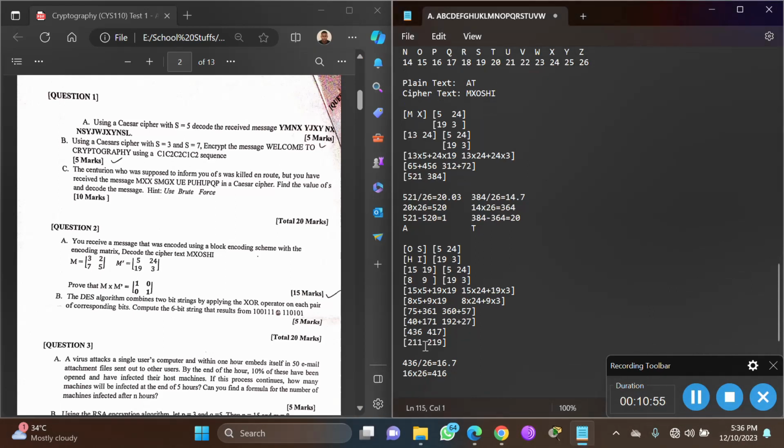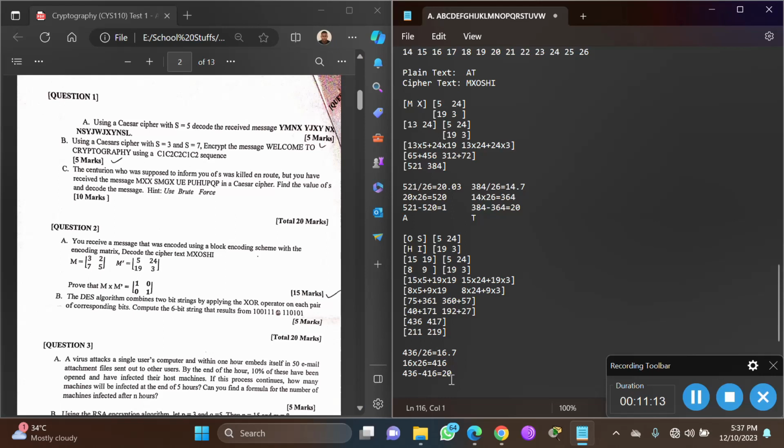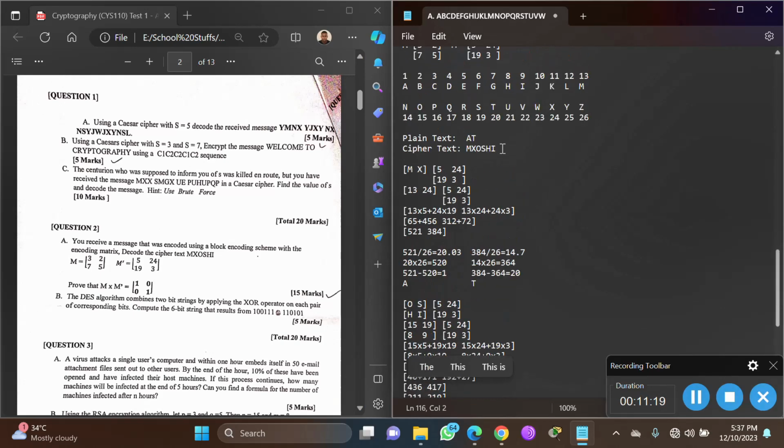Then the whole number was 436, so we say 436 minus this new answer, which is 416, so we are getting 20. So remember, on the alphabet 20 is T, so for this one it's T. So again we go back to our plain text, then where there is O we put T like that.